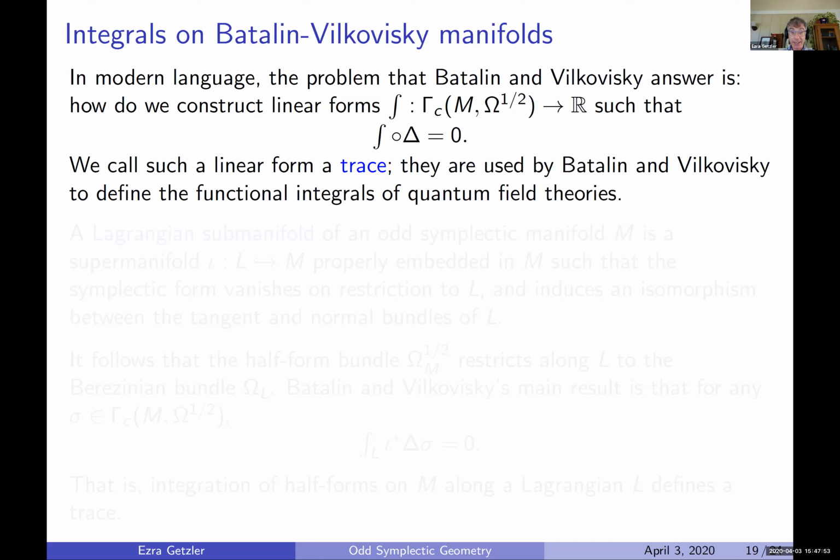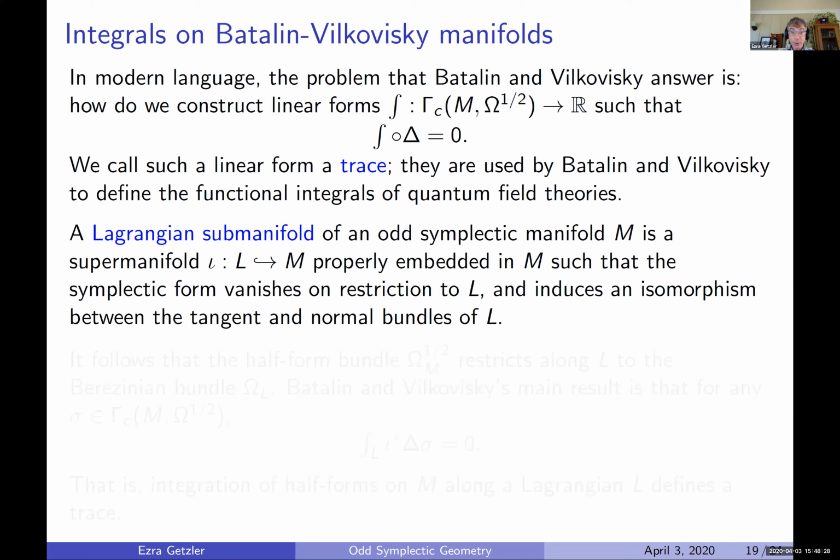So let me call such a linear form a trace, and these are the basic linear forms that are used by Batalin-Vilkovisky to define functional integration. So they would take an orientation and apply a trace, and that would be the vacuum expectation. From that, by perturbing the orientation or the action, you can actually access all of the observables and all of the amplitudes of the theory. This is explained in Kevin Costello's book in the case of Yang-Mills theory.